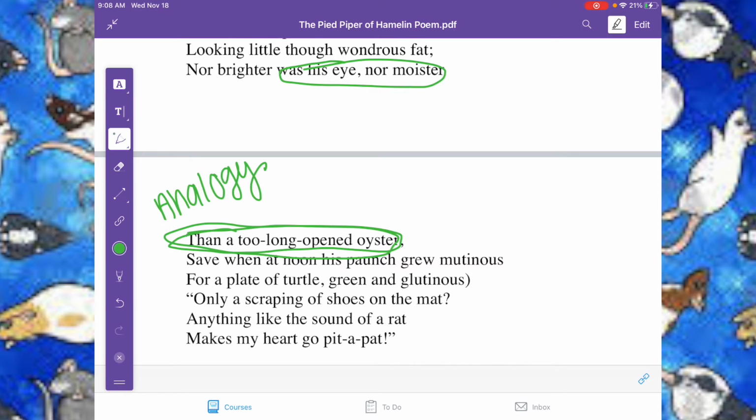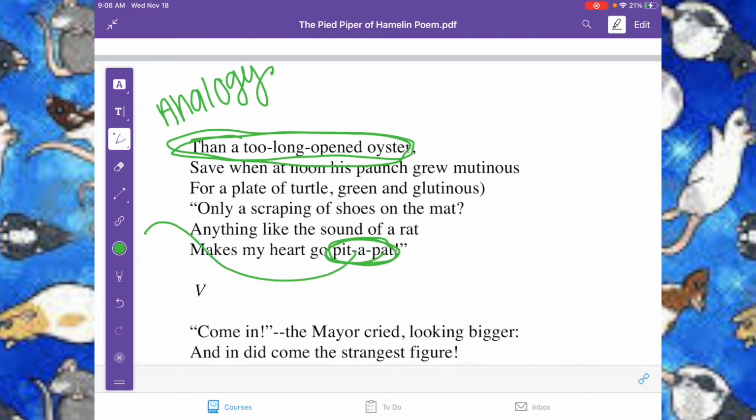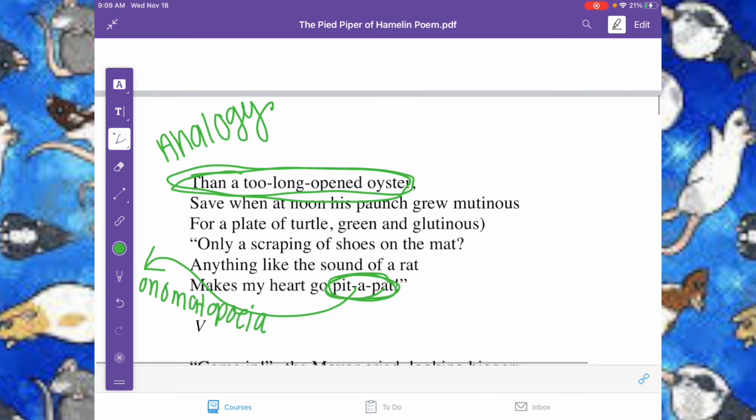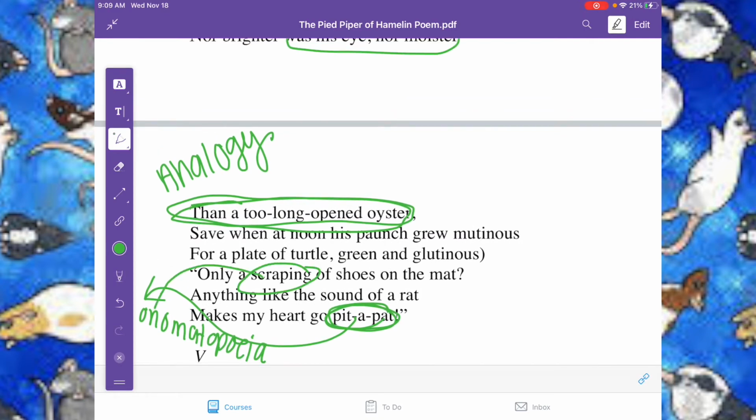We have a comparison of things. Again, we have sound. This is an onomatopoeia. Scraping, same thing.